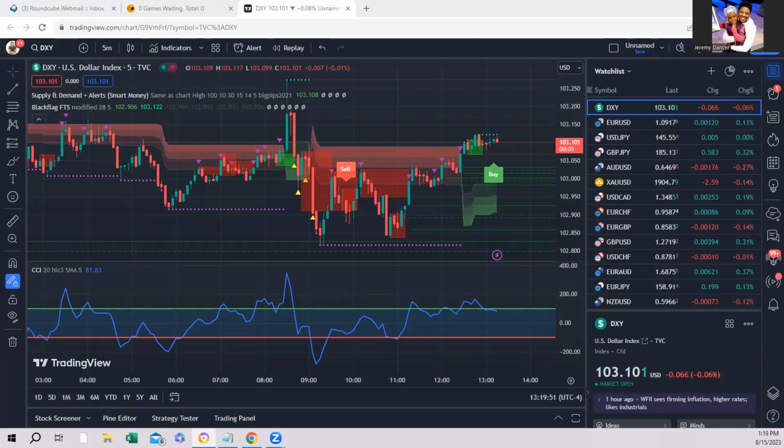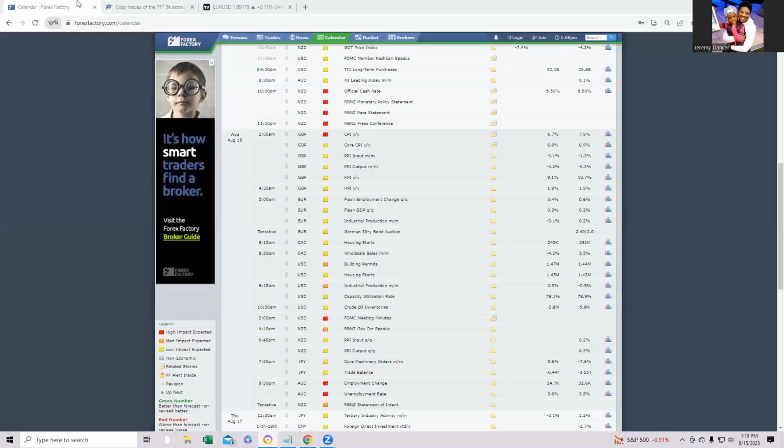Just so that I'm keeping things clear, I always use Forex Factory. When I refer to yellow news, supposedly yellow folders are not big impact events.